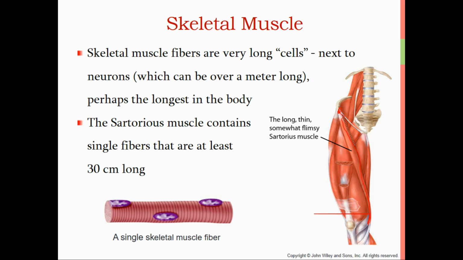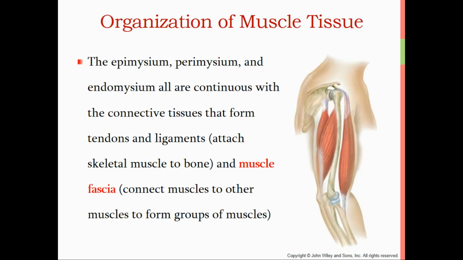It's about 30 centimeters long, and every skeletal muscle cell found in that muscle is going to be 30 centimeters long. That's a long, long cell. Now, there will be thousands and thousands of them running that full length, but they do run the full length of the muscle. So let's talk about how these muscles are organized.